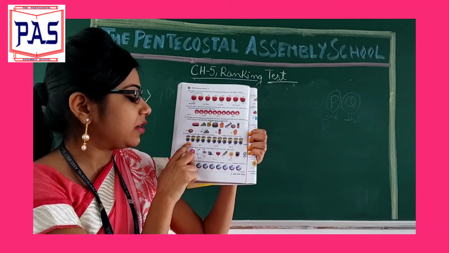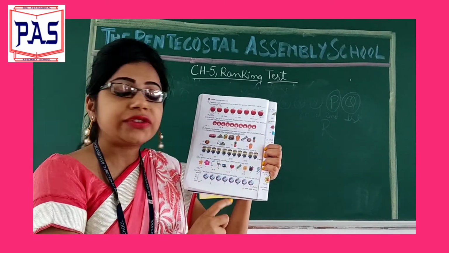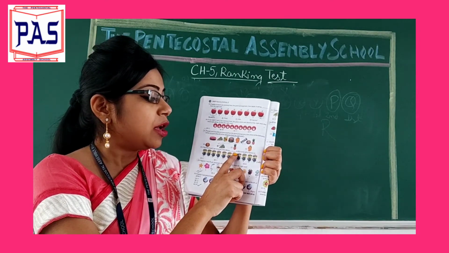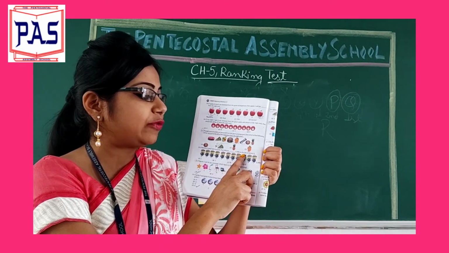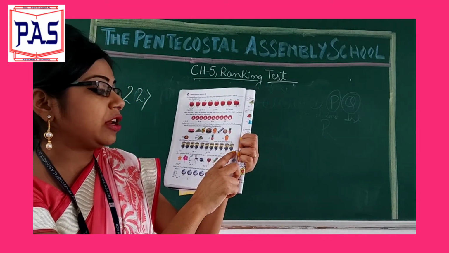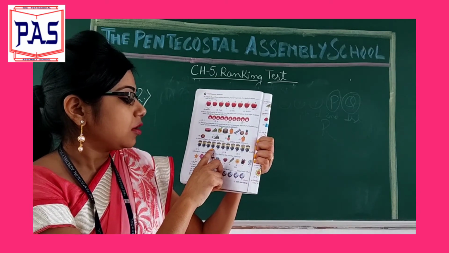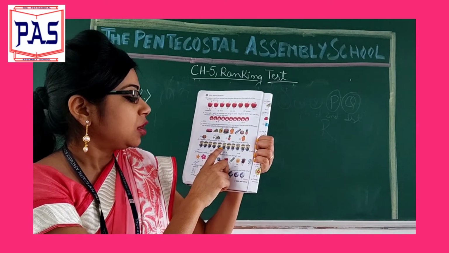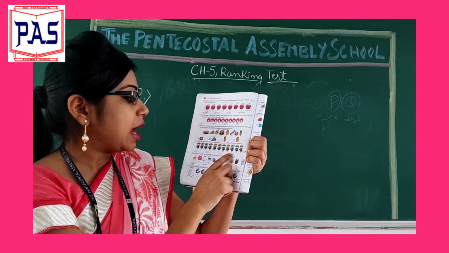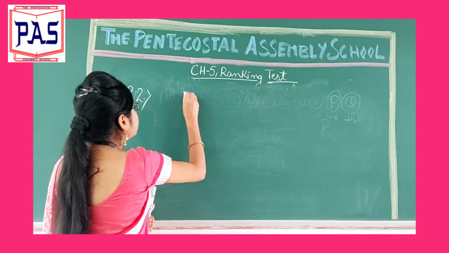So when we remove minion T and minion X, which minion will come fifth to the left of minion Q? Q is here. So left 1, 2, 3, 4 and 5, M. So minion M will come.